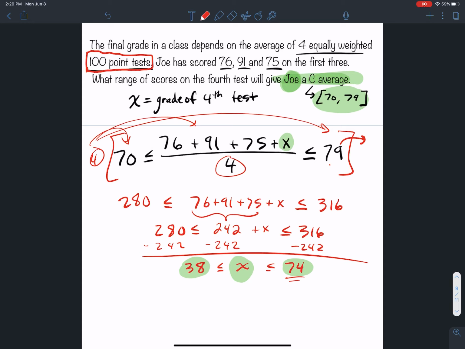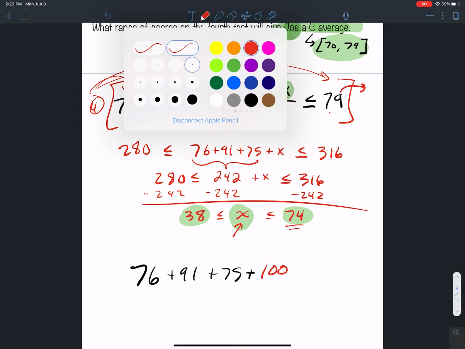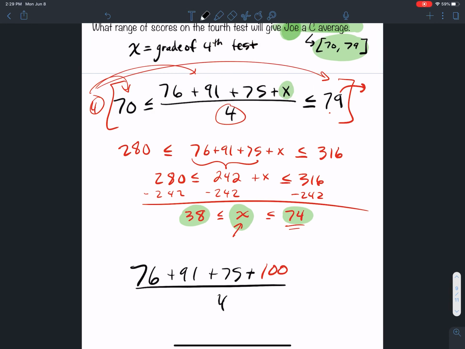Now, could Joe get an A? I don't know. I mean, we could try, right? The highest you can make on a grade is 100, right? So say Joe made a 76, 91, 75, and say he knocked it out of the park and made 100. If I take that 76, 91, 75, and then add 100 to it, I get 342 over 4.